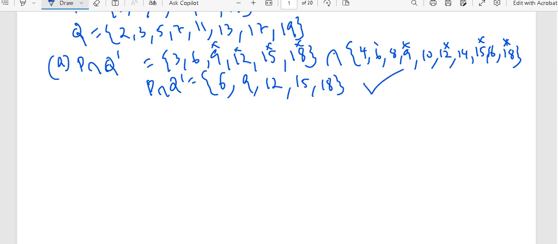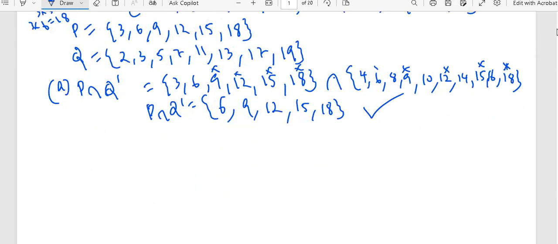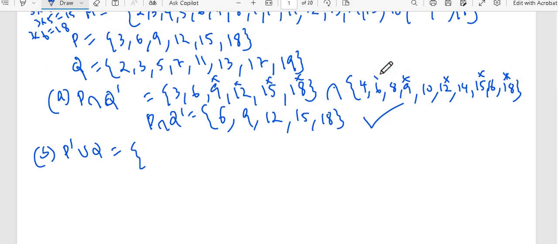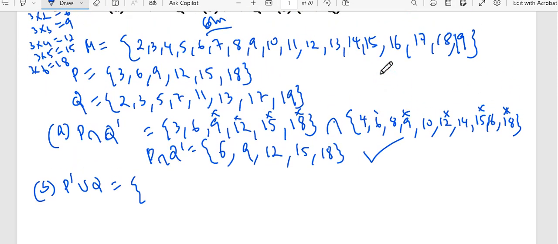Then the next question says B, P prime union Q. Let's first list the elements of P prime. P prime are elements in the universal set that we don't have in P. So what are they?